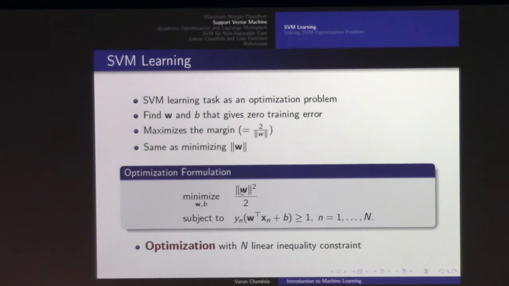Earlier we were looking at what we call unconstrained optimization. You just had an objective function and you're trying to find the value, but here it is what we call a constrained optimization. So it's optimization with n linear inequality constraints, right? Because if we didn't have these constraints, then the value would just be 0, because for all weights W to be 0 would be the answer, but that would not be the correct answer, of course. So you want to have these.